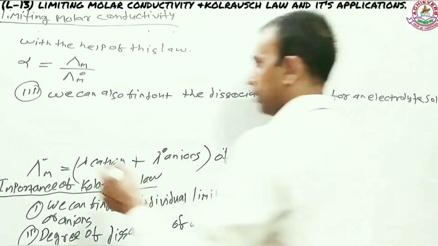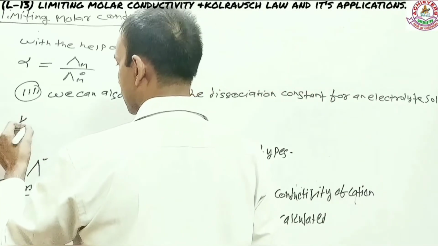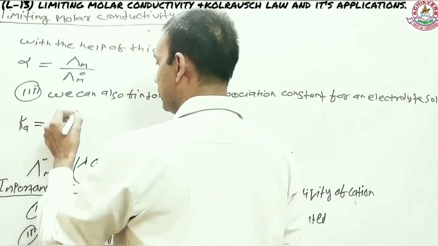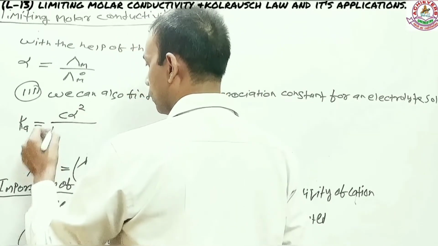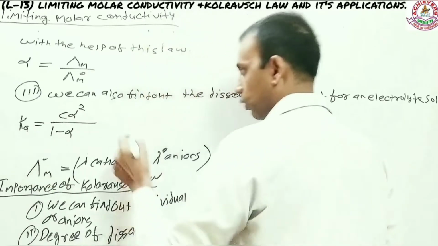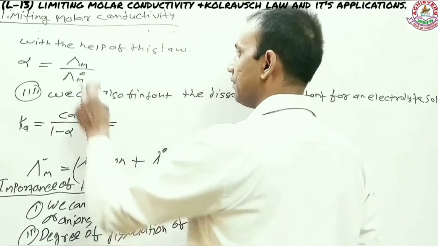How? Remember, there was a formula: Ka is equal to C alpha square upon 1 minus alpha. Now I'm placing the value of alpha here.